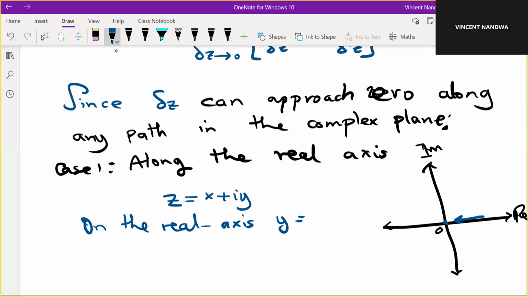If you draw the xy axis, what are the values of y on the x-axis? If you are moving along the x-axis, what is the y value?